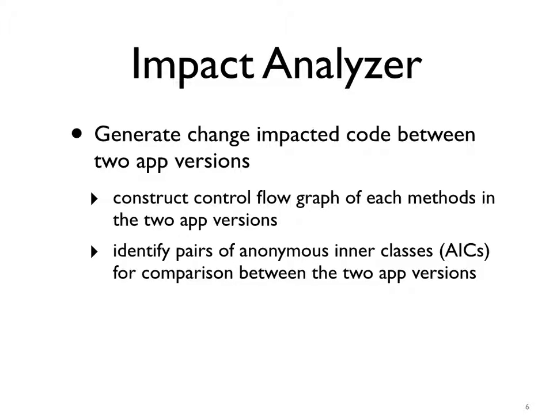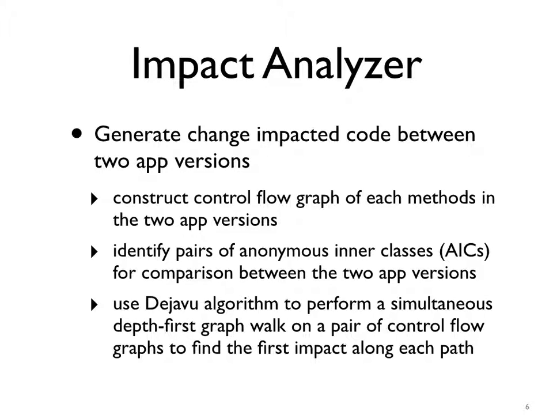Then it identifies pairs of anonymous inner classes for comparison between the 2 app versions. And finally, it uses the related work on the Deja Vu algorithm to perform a simultaneous depth-first graph walk on a pair of control flow graphs to find the first impacted code along each path.